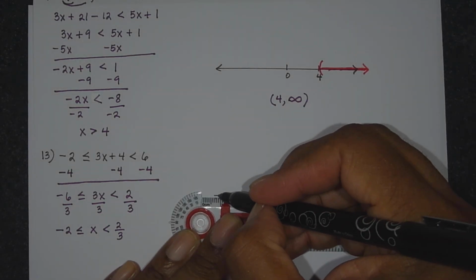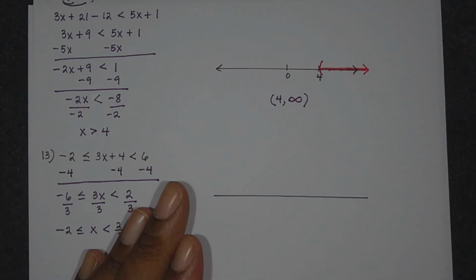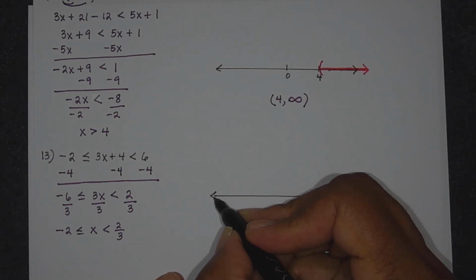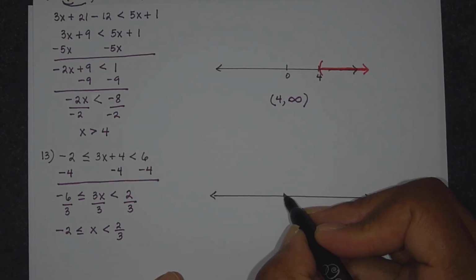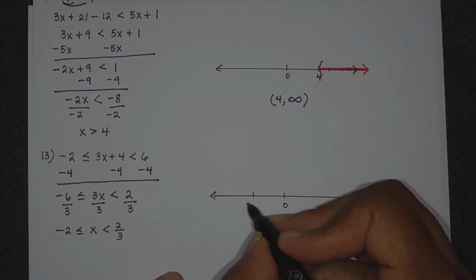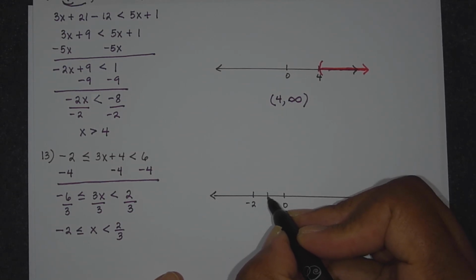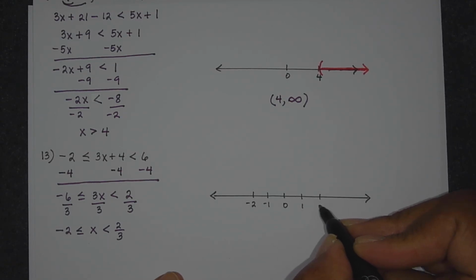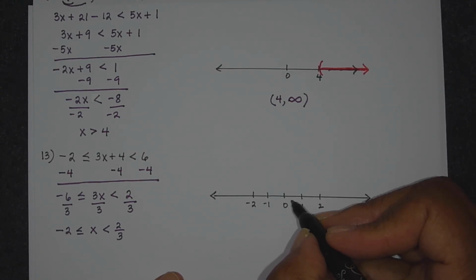And it also says graph the solution set on a number line. So negative 2 is to the left. I'm going to say 2/3 is right here.